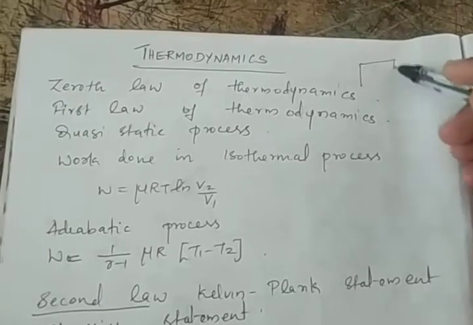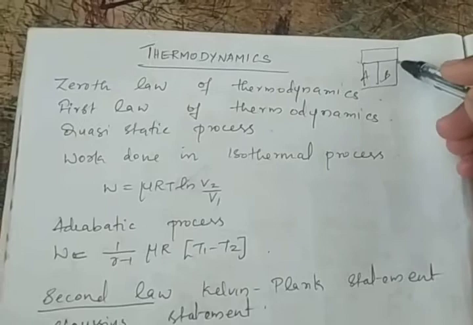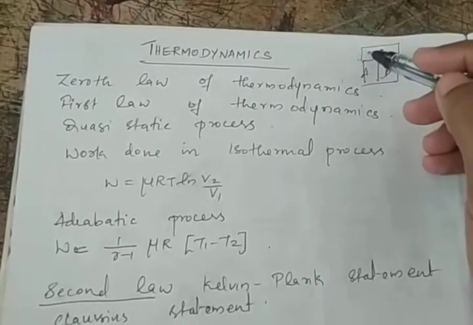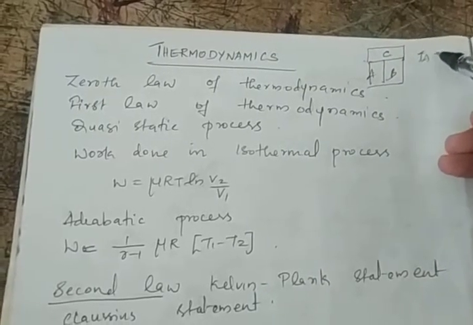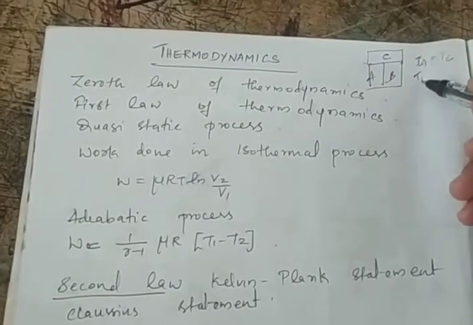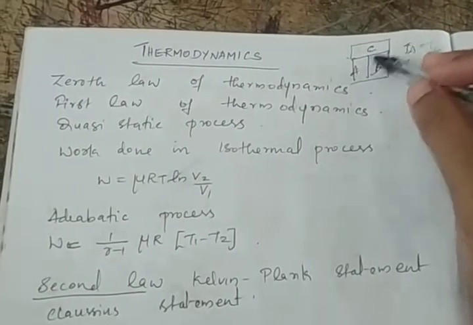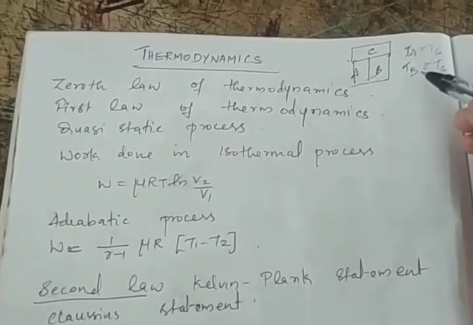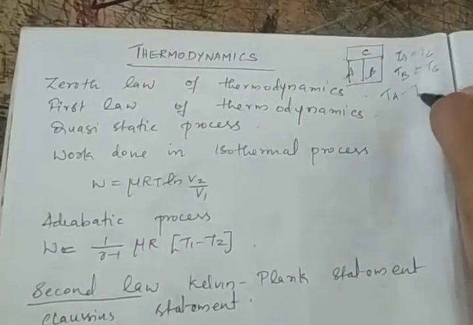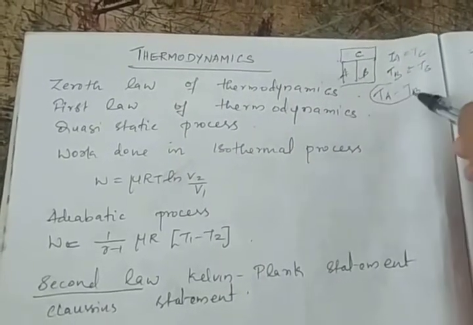That is, suppose you have two systems A and B, and suppose these two systems are separately in thermal equilibrium with a third system C. Then temperature of A will be equal to temperature of C. Also B is in thermal equilibrium with C. So the temperature of B and C will be equal. So if this condition is satisfied, then we can say temperature of A will be equal to temperature of B. Okay, so this is zeroth law. And zeroth law gives the concept of temperature.